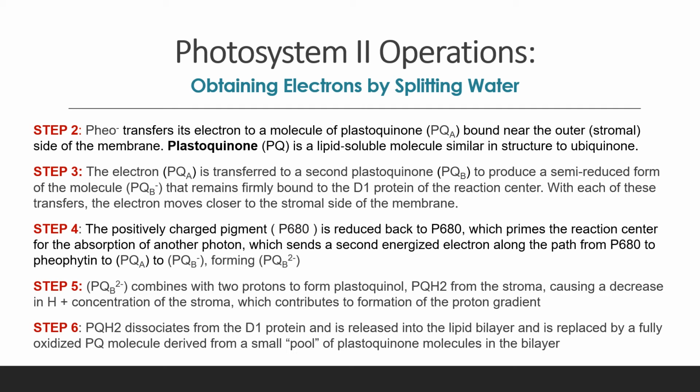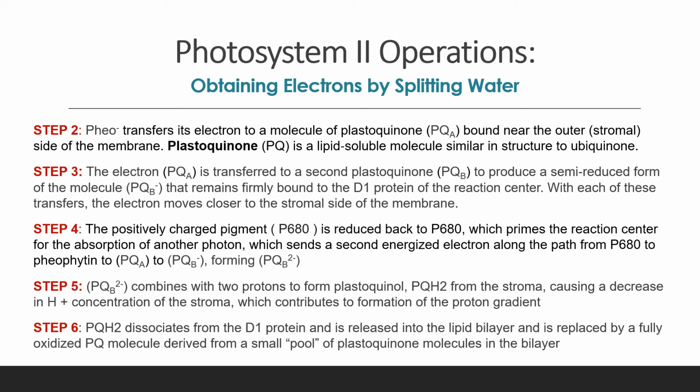And then step 4, the positively charged pigment P680 plus is reduced back to P680, which primes the reaction center for the absorption of another photon. This sends a second energized electron along the path from P680 to pheophytin to plastoquinone to the semi-reduced form of plastoquinone, forming another reduced form, denoted as PQ sub B raised to 2 negative.